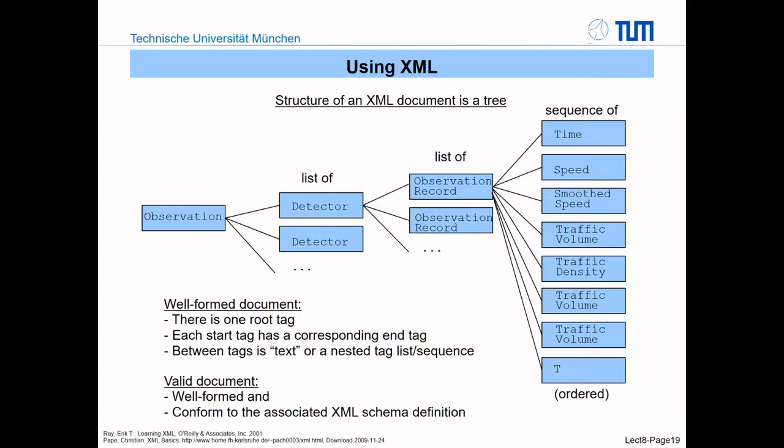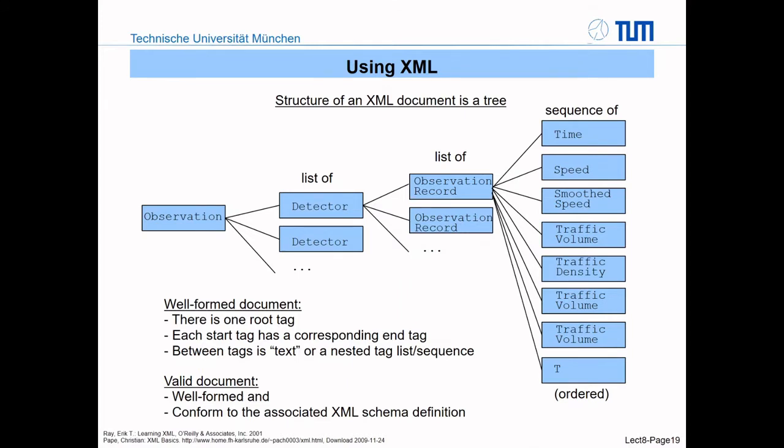Each start tag has a corresponding end tag, and between the tags there is text or a nested list of other tags. So this is a well-formed document, and all parsers and tools can check directly, with a description of the XML, if the real XML document with the real values, so with the data, follows the structure.